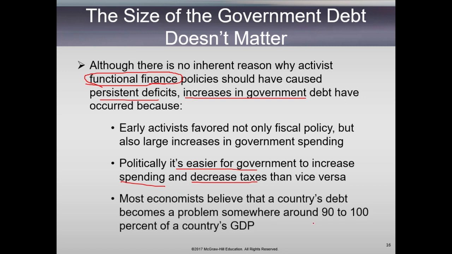And again, this ties right into what we did in the last chapter. Most economists believe that a debt to GDP ratio of 90 to 100% can be destabilizing for an economy, even an economy the size of the United States. But again, we know there's no hard and fast rule as to exactly how much debt any particular economy can take on. It's not a one-size-fits-all number, this 90 to 100%.